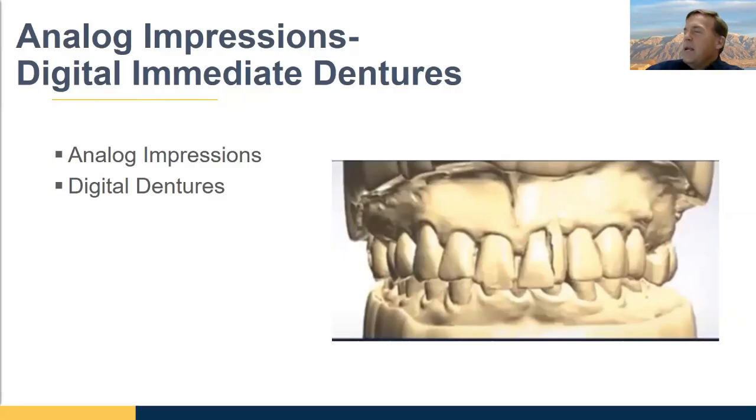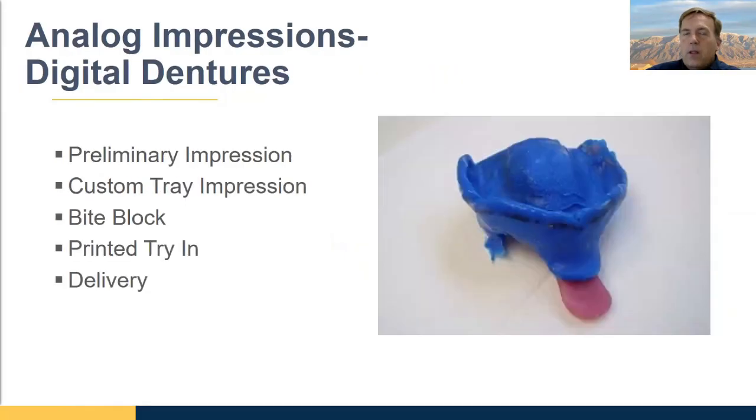So most of the time, it's going to be nicer to go ahead and just, again, this is my single arch case, cut the teeth off here, smooth this out, scan it, and then build our denture. Your delivery and post-op care, of course, will be the same as it would be for an analog, I mean, for a more digital process.